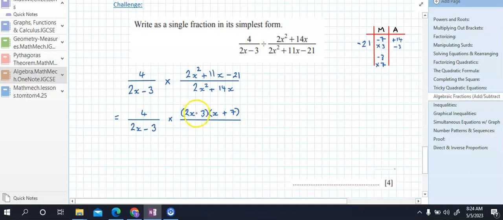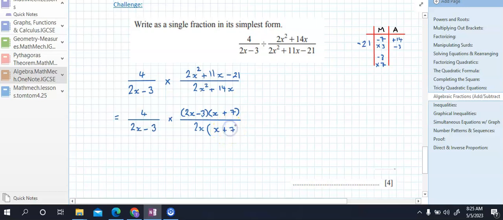So plus 14, because it's 2x times 7 there. The bottom one, the denominator, 2x squared plus 14x. It's not the same kind of expansion here, but we do have the same skill or technique. So factorize. What are our common factors here, common terms? 2 divides into 14, and they both have an x, so 2x goes outside the bracket. 2x times x plus 7.